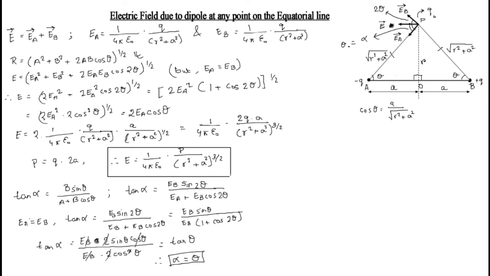If that is the case, see over here. In this line, this angle is theta, and this angle is also theta. So from the concept of geometry, this AB line is parallel to the resultant electric field vector, with AP as the transversal. Since this theta and this theta are equal, these are alternate angles and AP is a transversal, so we can say these two lines, the resultant electric field vector and AB, are parallel to each other.